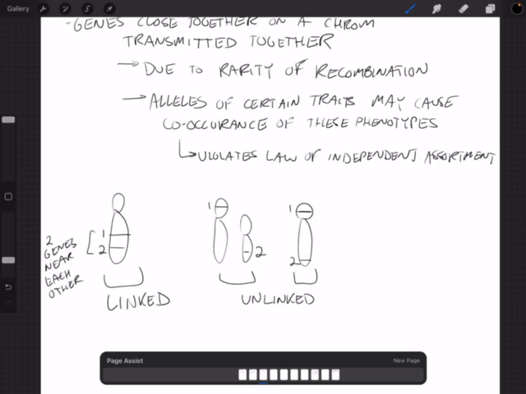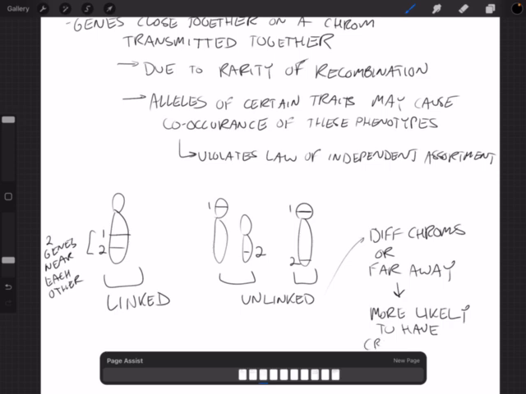So these are on different chromosomes or far away from each other, and they are unlinked, which means they are more likely, at least in the case of far away, to have a crossover event or recombination.